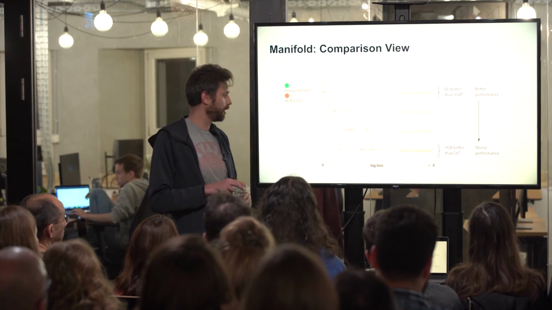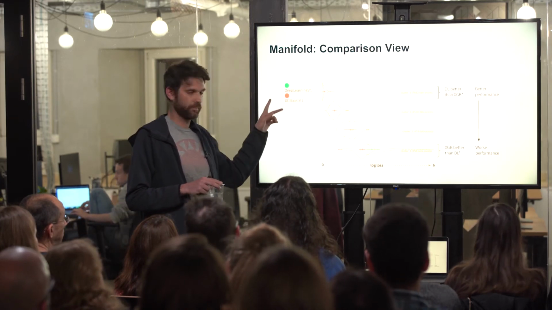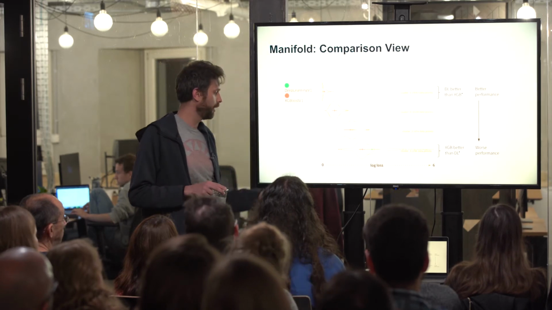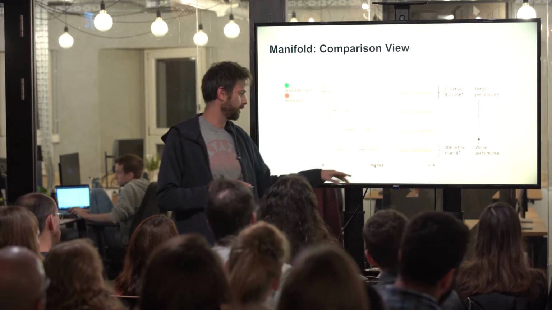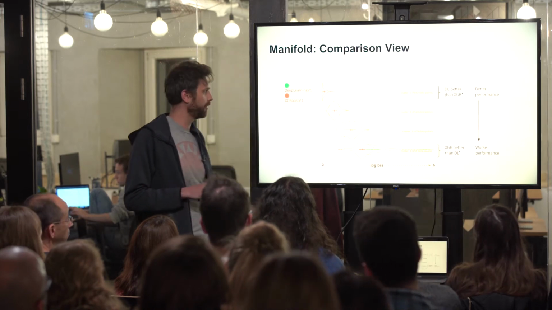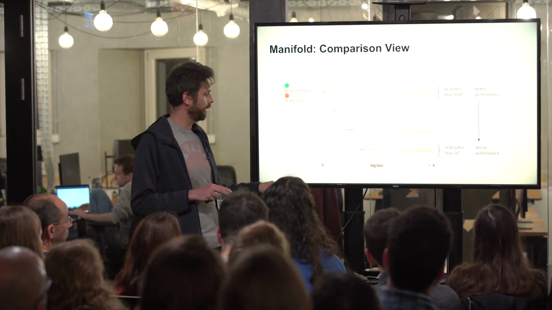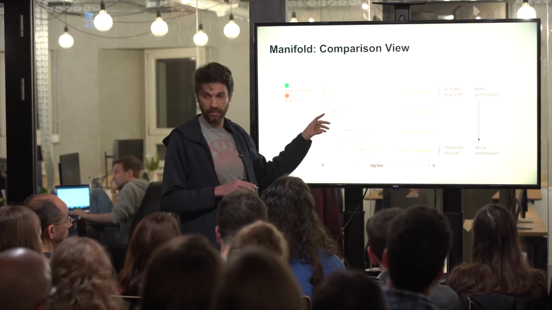So what we have here is red and green, two models that we are comparing. This x-axis is the log loss, so lower log loss is better performance. And we have 4 clusters here that we see behave differently.